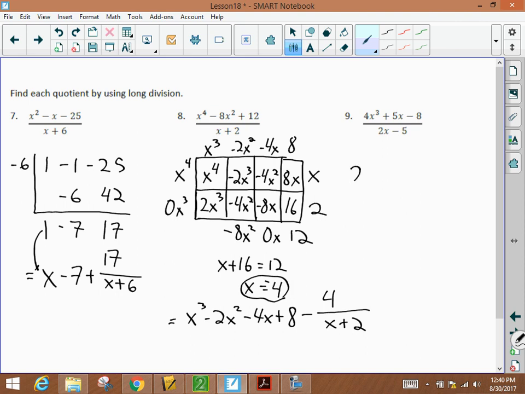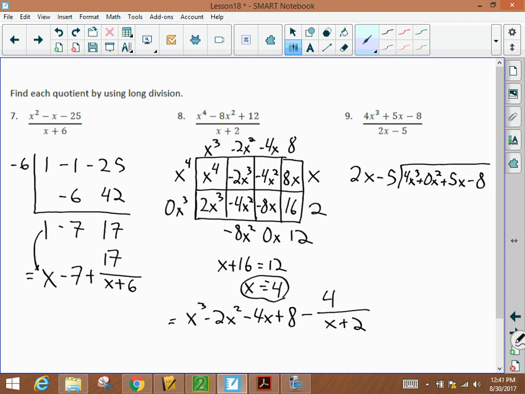Hey, let's do some long division here. Hopefully I just gave myself enough room. We'll see. 4x cubed. I need an x squared placeholder. I've got my 5x, and then I've got my negative 8.